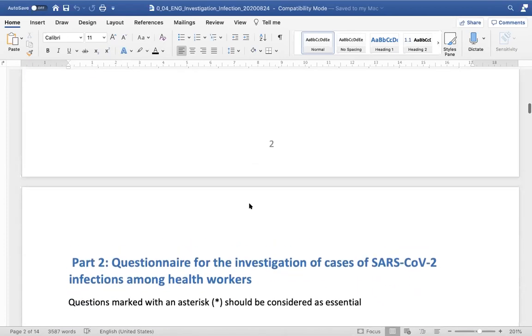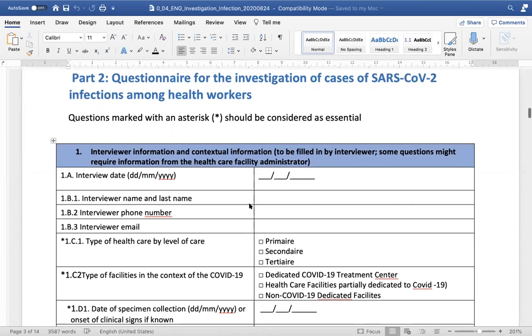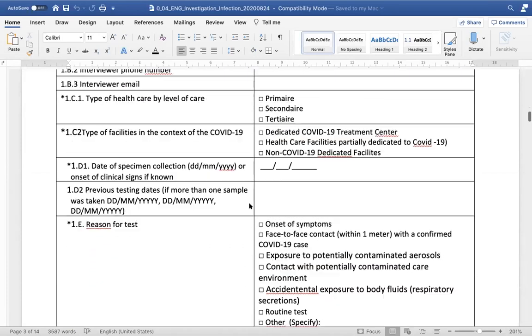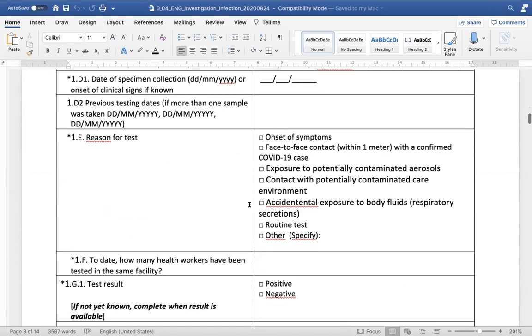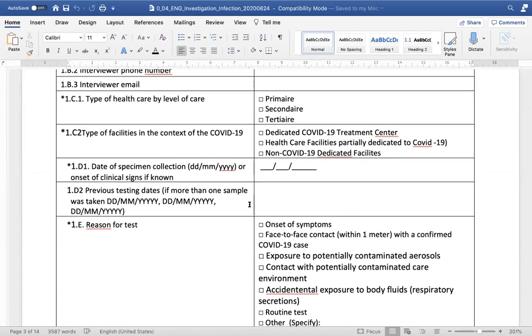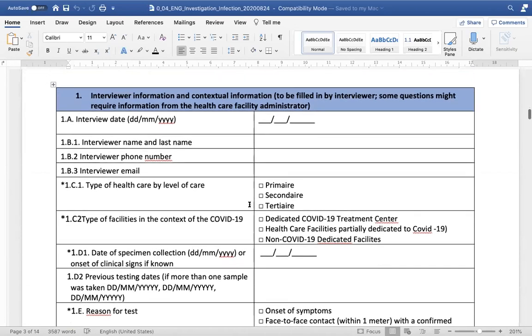Move down to the tool itself. Okay, so we have the about data. This is interviewer information and the context information for this assessment.